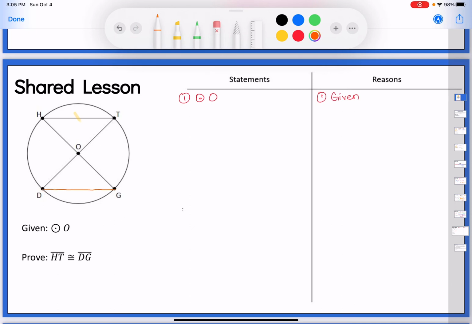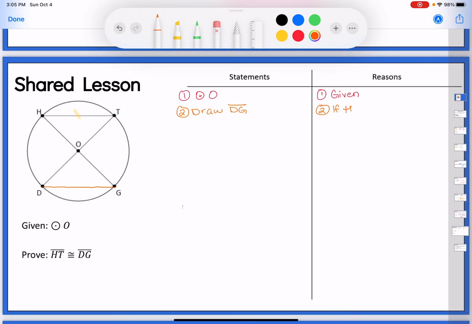So I could do that as a step of my proof, but I need to make it a step. I need to say, draw segment DG. And the reason, as I was talking through it, I actually said it in if-then form. If there are 2 points, then there's a segment between them. Okay, so make sure that you write that in if-then form like everything else we need to do here.